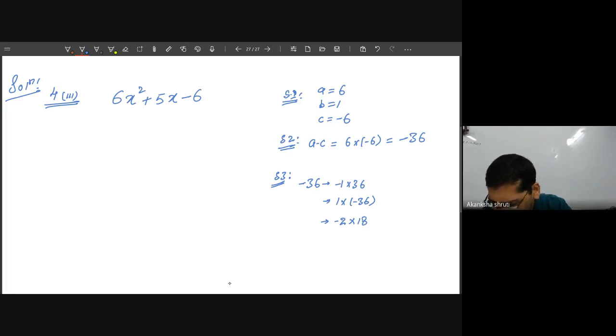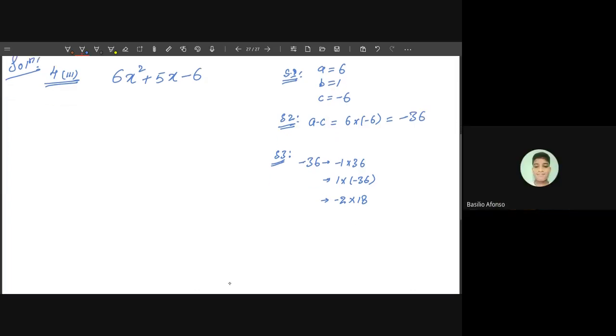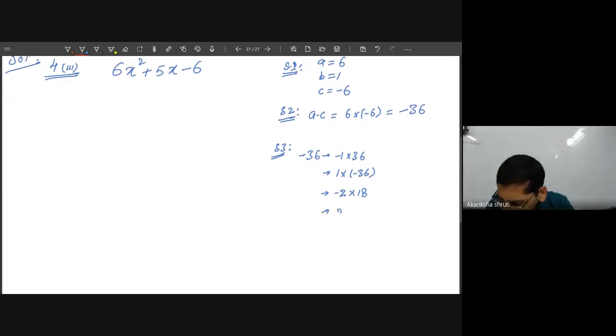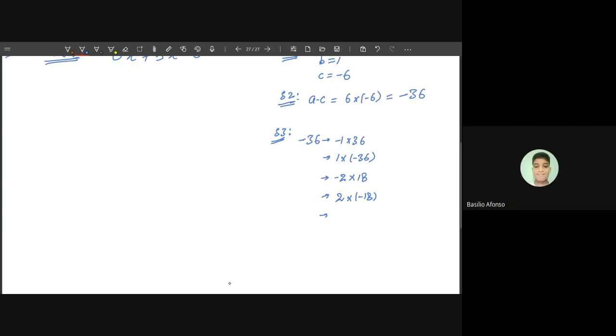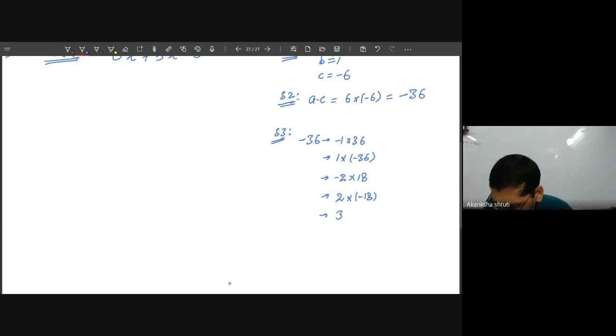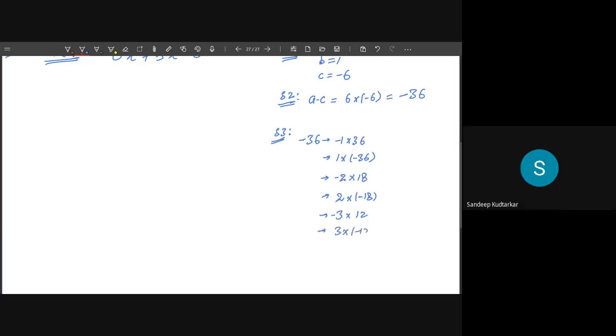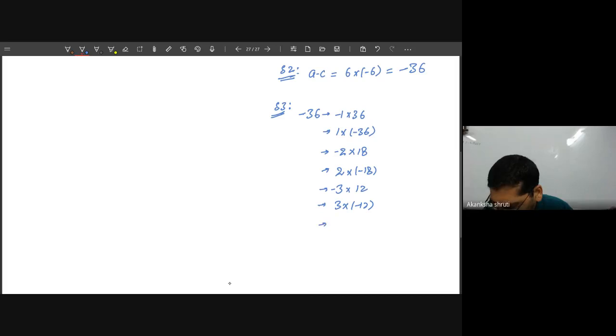So one of these two factors must be negative so that the product is negative. Or we can write 2 into minus 18. Very good. Another one we can write is minus 3 into 12, or 3 into minus 12. Student, what next can we write?